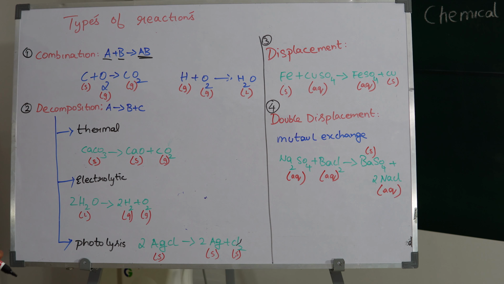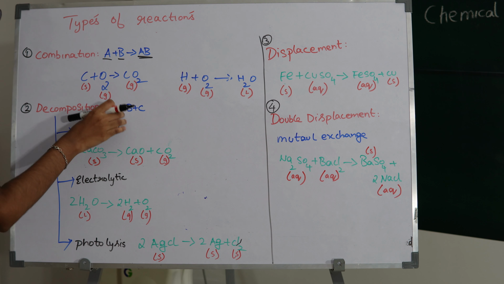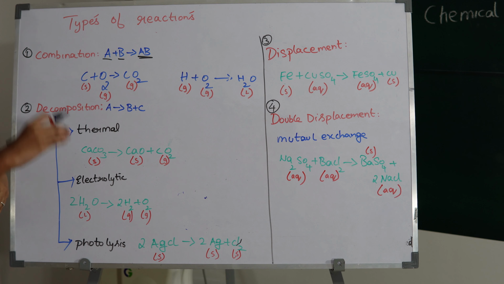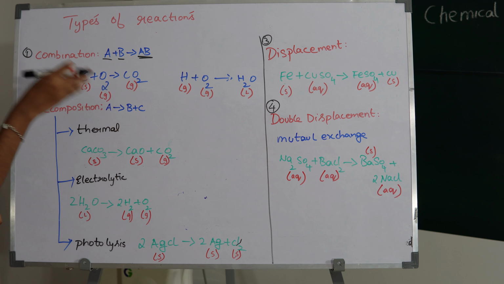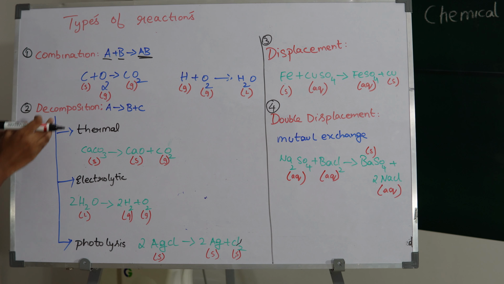Here we have decomposition reaction, which is where a compound is split or separated into 2 or more substances. And in decomposition reaction there are 3 further types, which are thermal, electrolytic and photolysis. If you take thermal, the decomposition reaction is done by carrying out heat.